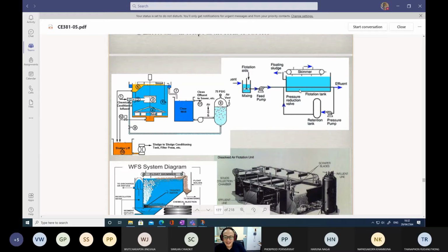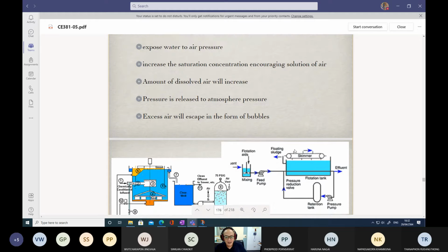That is why within this flotation tank, we don't have to equip any aeration facilities, because all the air is blown into the water inside the other tank, and only when we release the water, exposing it to atmospheric pressure, do the bubbles form in the flotation tank again.